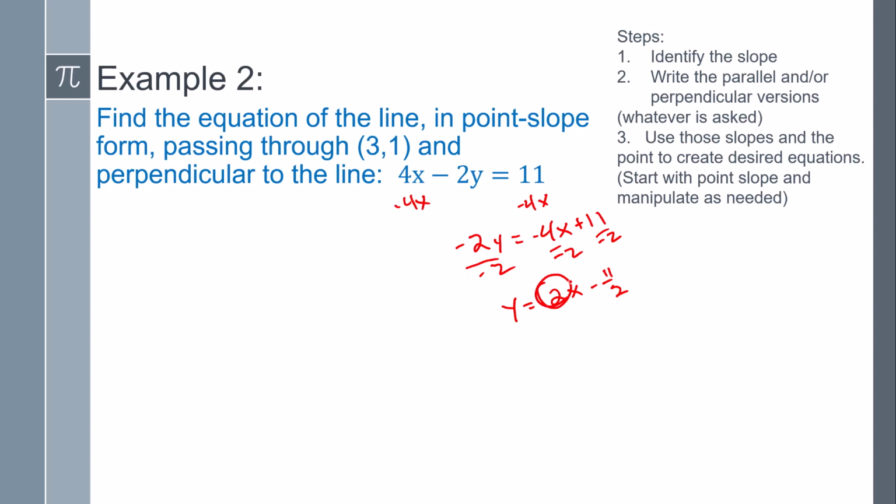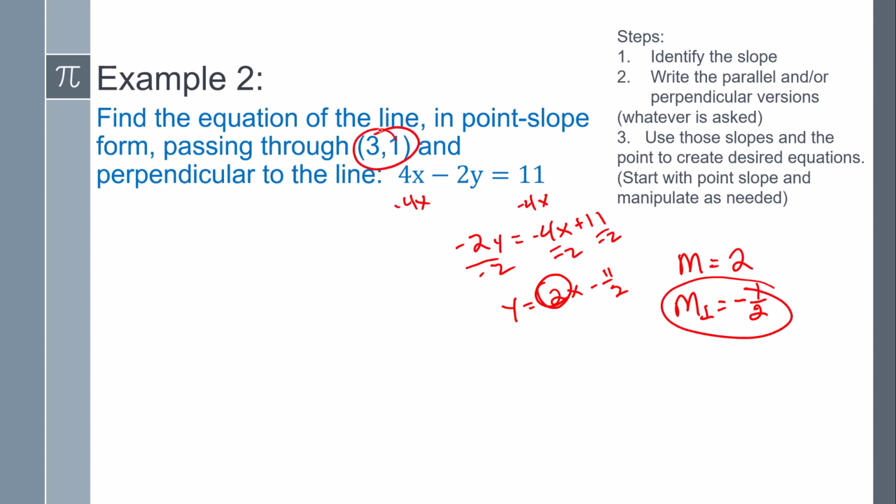Now, the perpendicular slope, remember opposite reciprocal. So if my slope is 2, my perpendicular slope is going to be opposite, so I have to add a negative to it, reciprocal, or negative reciprocal. You add a negative, you flip it. So this is the slope, this is the point.